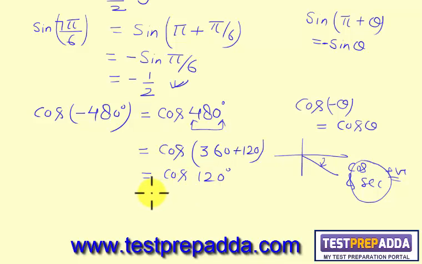Now, cos 120 can be written as cos of 90 plus 30 degrees. Got it? Now cos 90 plus something will become sine 30. Now we have to decide the sign, positive or negative.